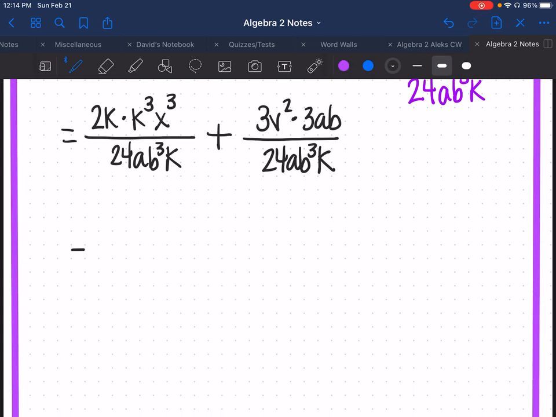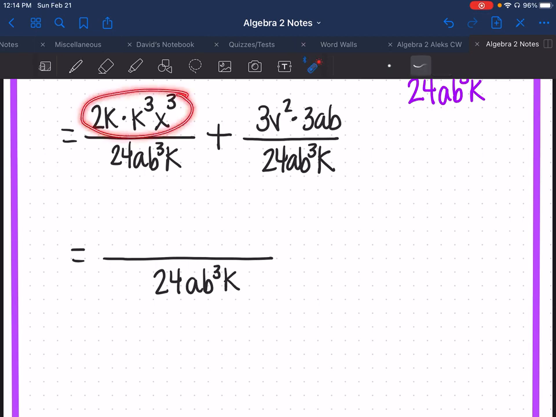Now I'm going to make them into one rational expression all over my least common denominator. All right, so in my first numerator, there is no number to multiply. There's just a 2, so I'm going to keep my 2. But notice I have a K here and I have 3 K's here.